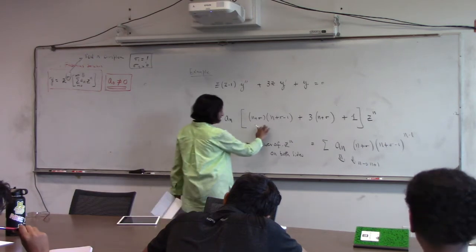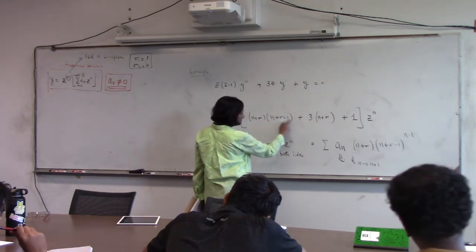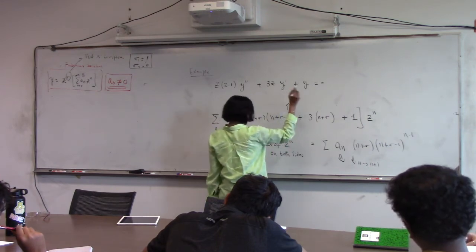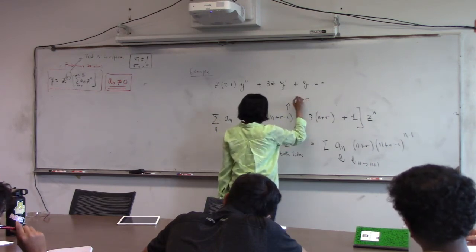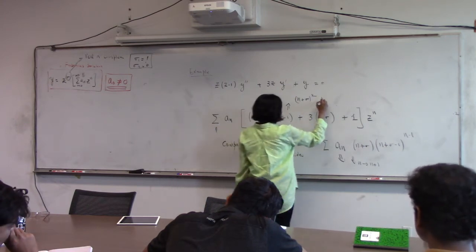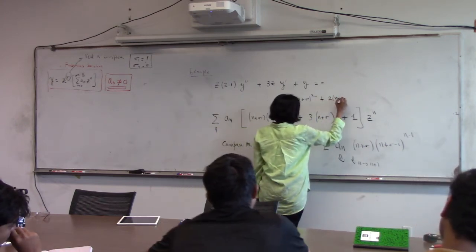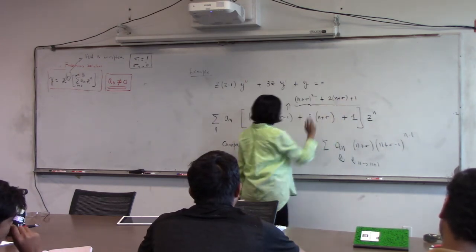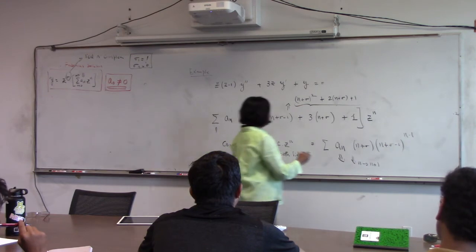So we can simplify this: n plus sigma whole square minus, so this becomes what? This can be simplified nicely. This is n plus sigma square minus 3n minus 1 plus, so this is 2 times n plus sigma and plus 1. So this looks like a square plus b square plus 2ab, right?